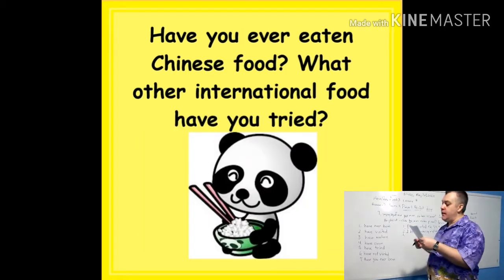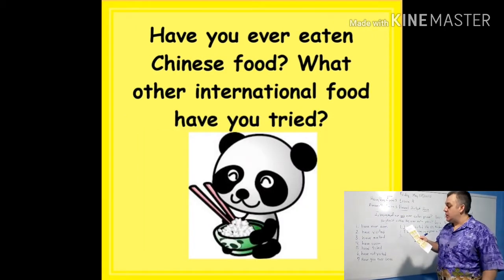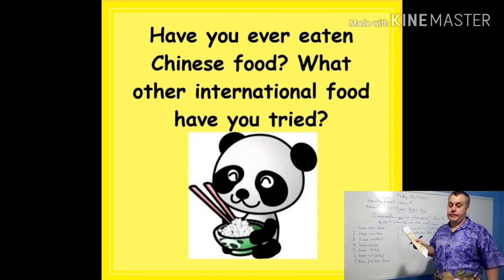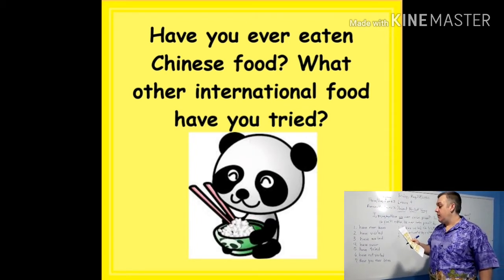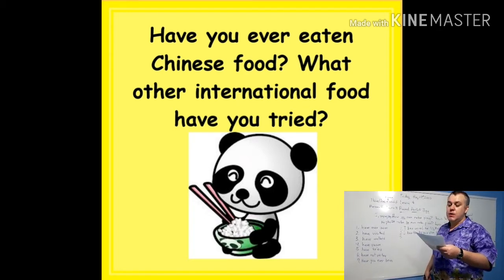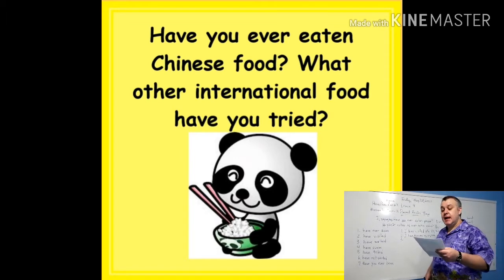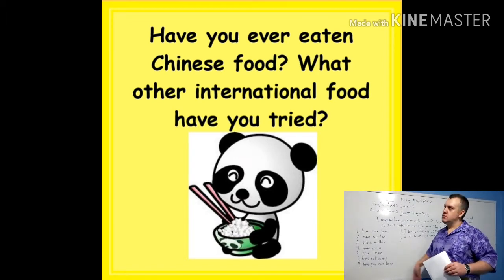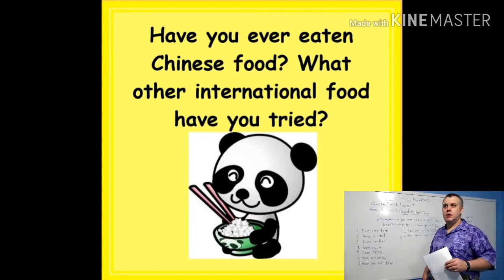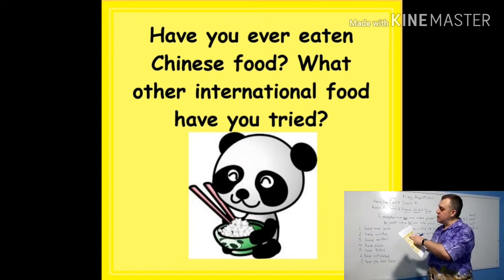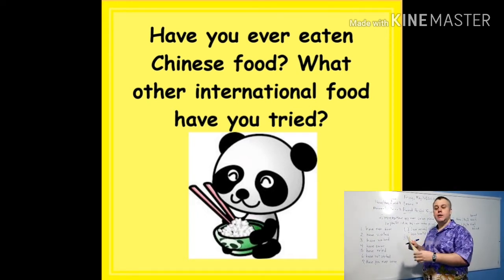Have you ever eaten Chinese food? What other international food have you tried? Oh, have you ever eaten Chinese food? If you want to answer that one, you could say, yes, I have eaten Chinese food. I have eaten sweet rolls or something. I don't know. What other international food have you tried?